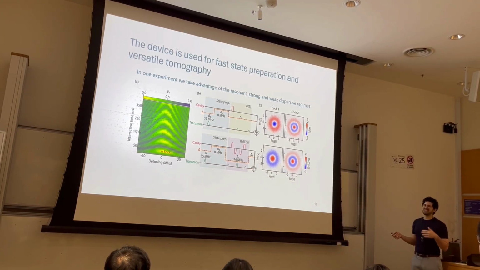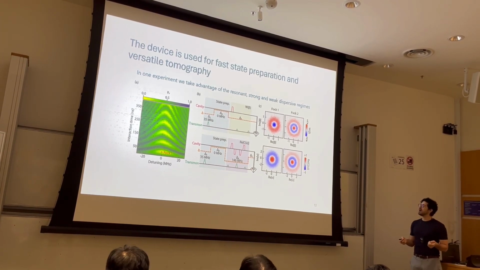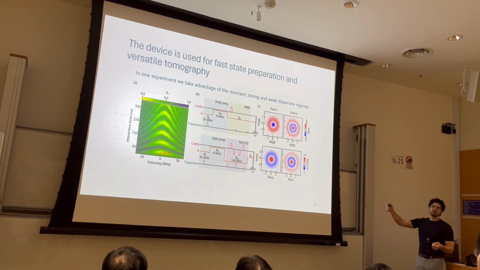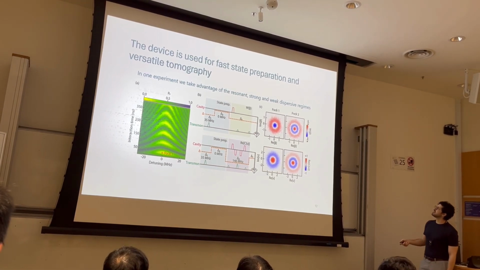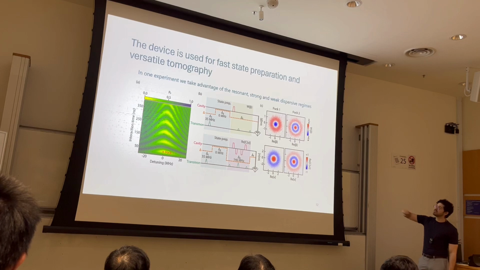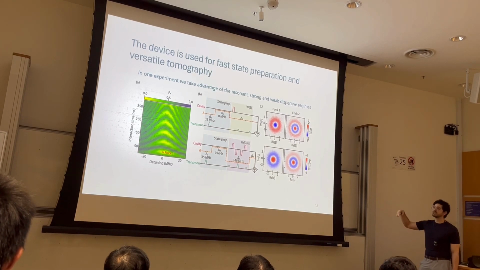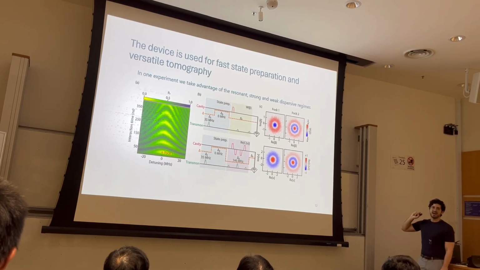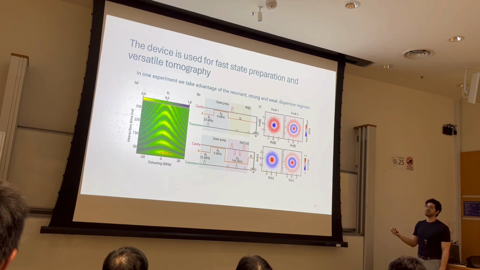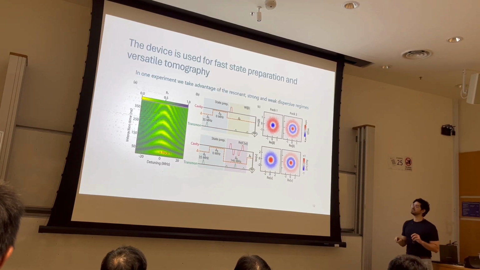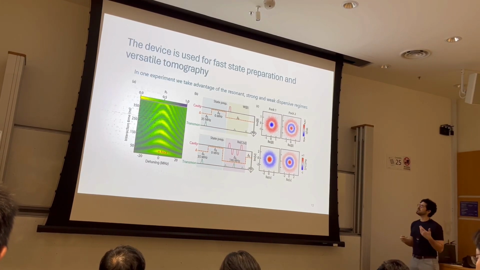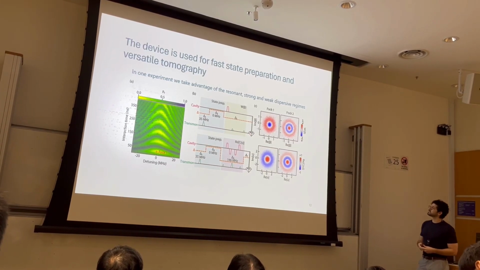Be it because we want to access a specific type of information from the system, or because one of the protocols is more resilient to noise, which is actually what you can see here. The characteristic function in our case is a bit less noisy. That's because it uses echo pulses that are more lenient with low T2s. So it's really up to you. You have the option to do it if you want.